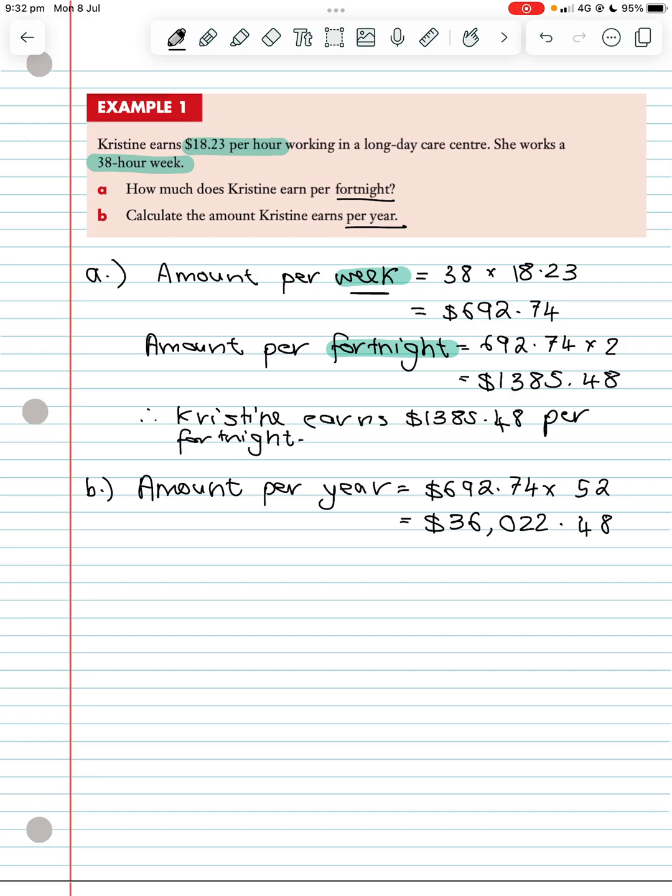Now that we've got that, what we want to do is, again, write a therefore statement. So therefore, Christine earns $36,022.48 per year. And that's it for that first question.